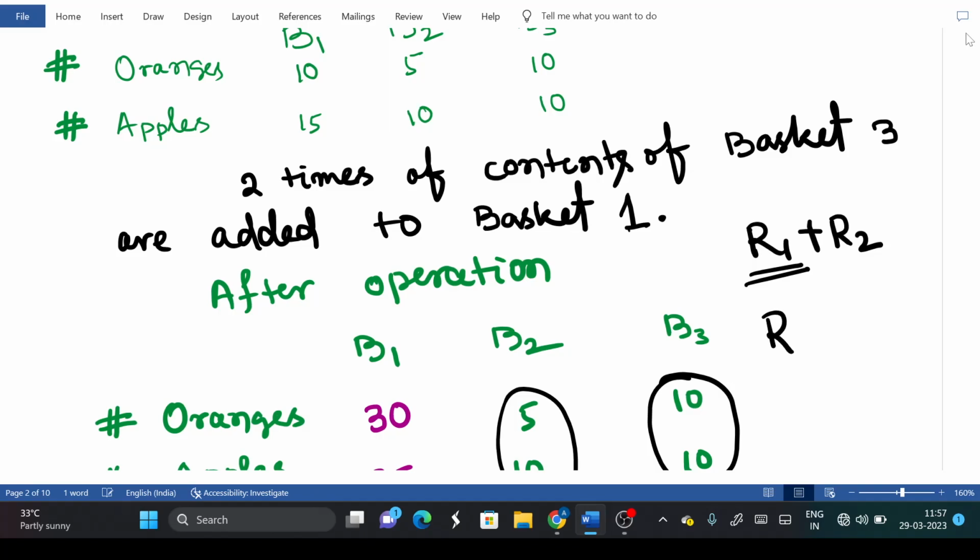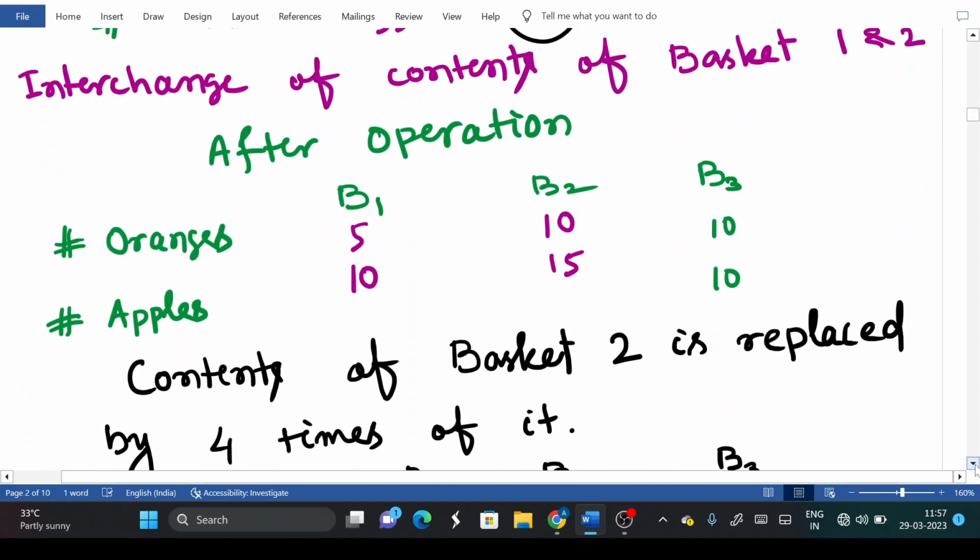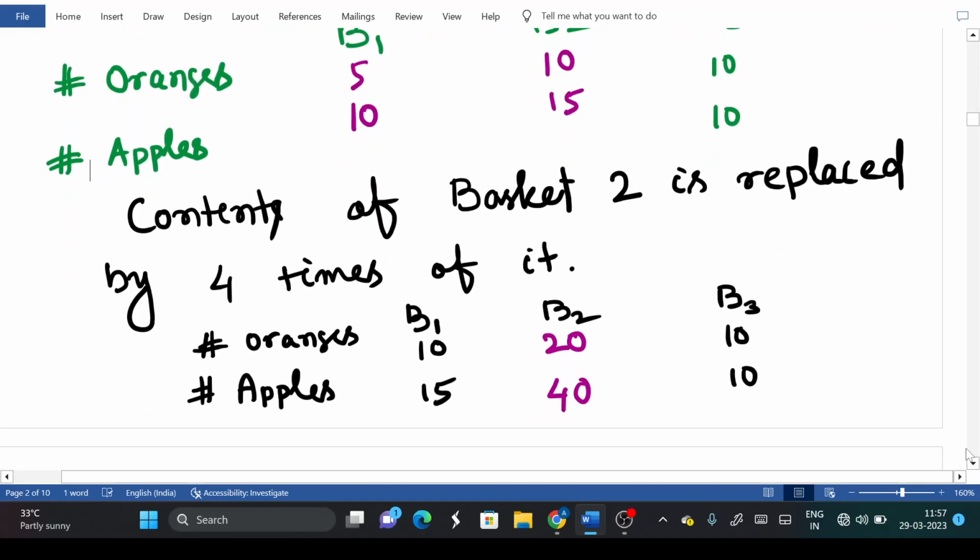But when I write R2 plus R1, its meaning is the contents of row 1 are added to row 2. That means row 2 will be enriched with more contents same as R1. So in this case, the resultant will be stored here. So in both situations, we will have different matrices or different values.